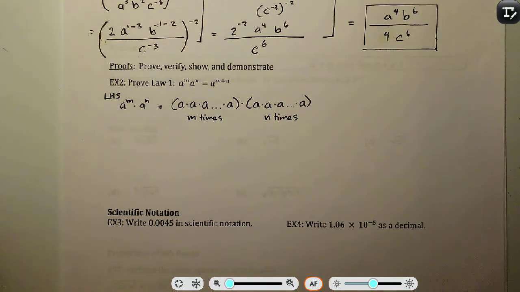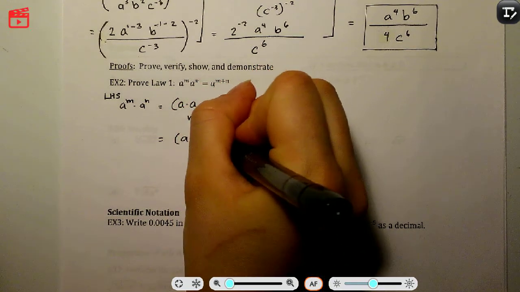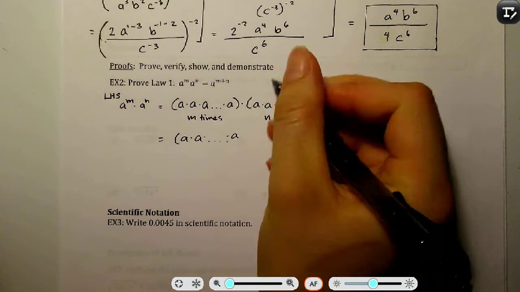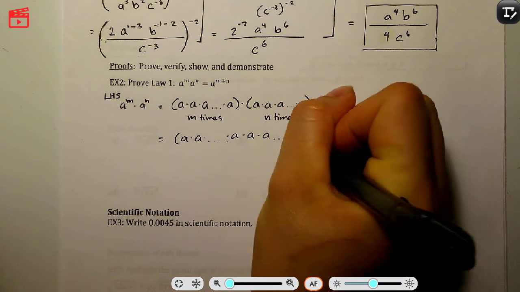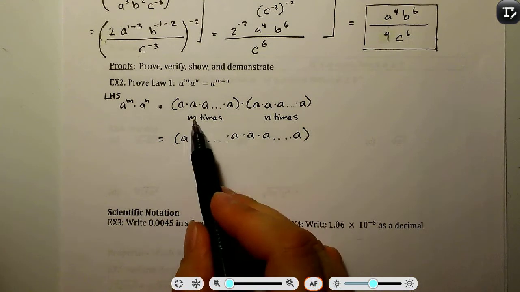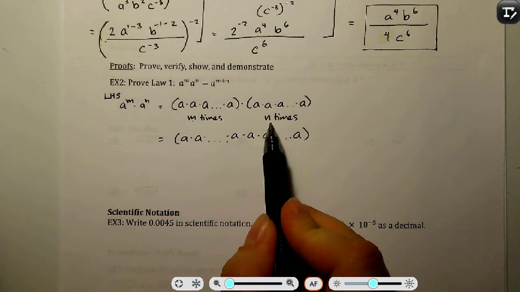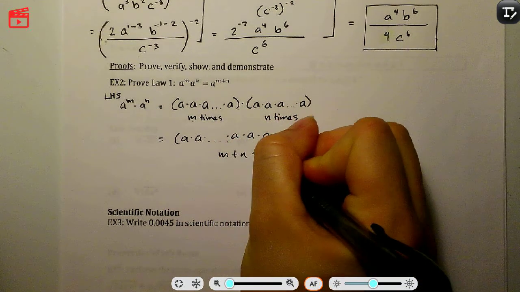Okay? So that means in the end, we have a times dot, dot, dot, times a, dropping this inner parentheses. We can just multiply the other ones together. So how many a's do we have? Well, we have whatever m is plus whatever n is. So m plus n times.